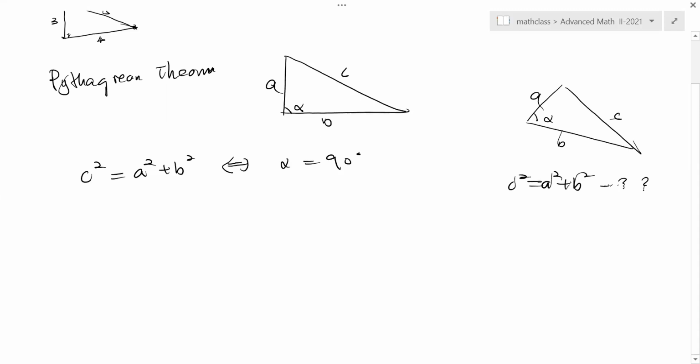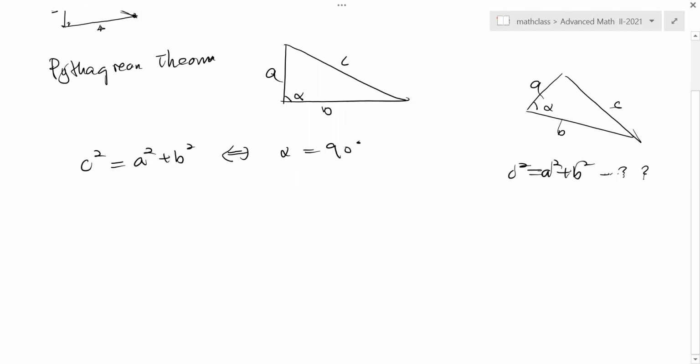Now, besides the special right triangle discovered by the Chinese, you may have some other triangles. Let's look at some examples. Of course, 3 squared plus 4 squared equals 5 squared.